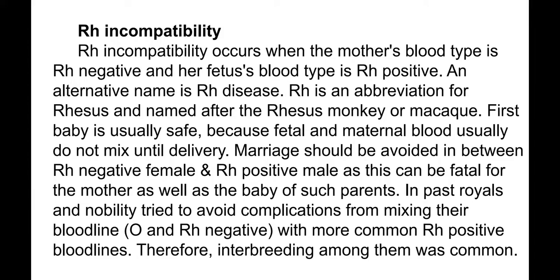And this is why royals and nobility tried to avoid these complications, because somehow by selection they had a high number of mostly rhesus negative blood type, so they avoided mixing their bloodline with commoners, with rhesus positive people.